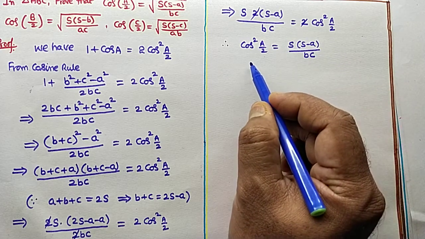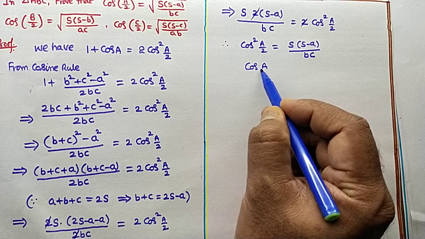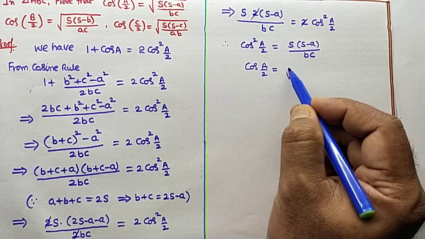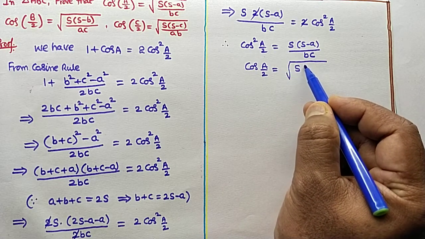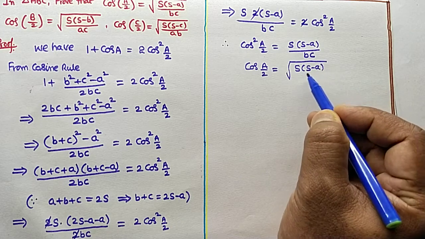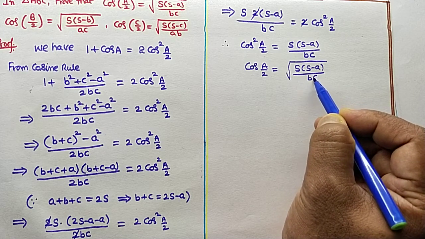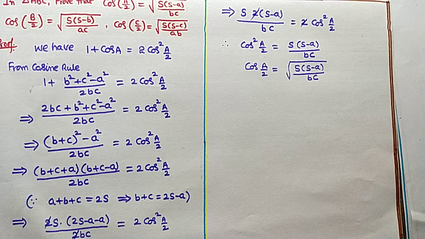So now cos A by 2 equal to square root of S into S minus A divided by BC. Why are we not writing plus or minus?